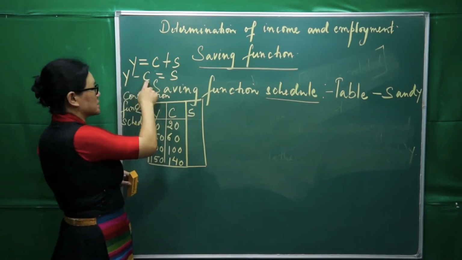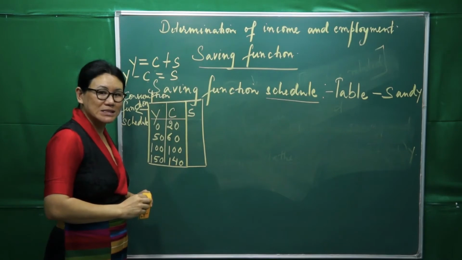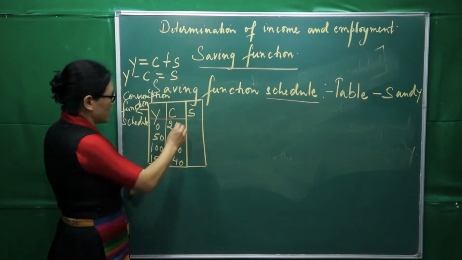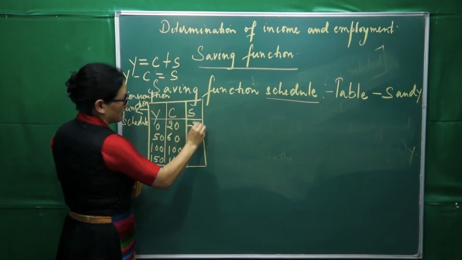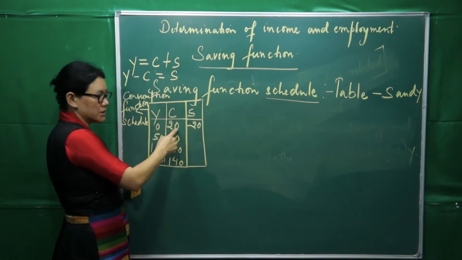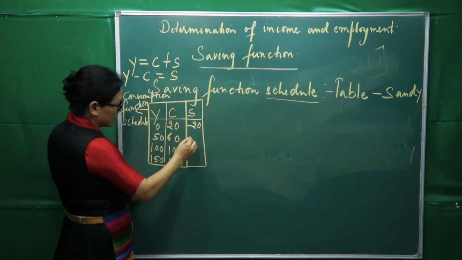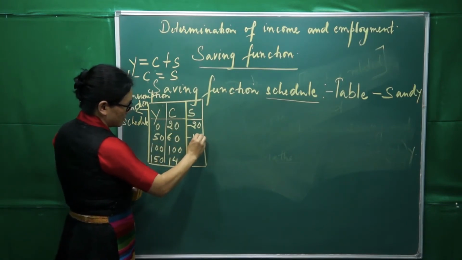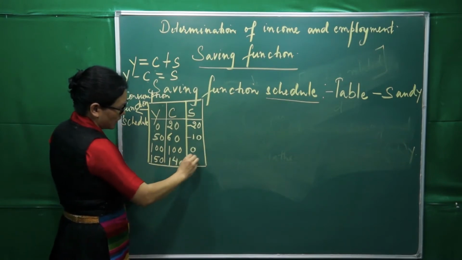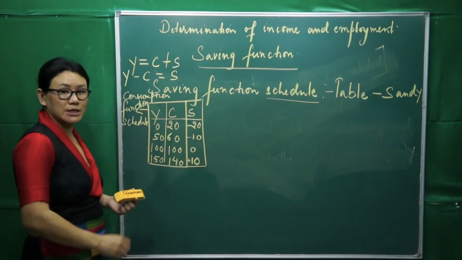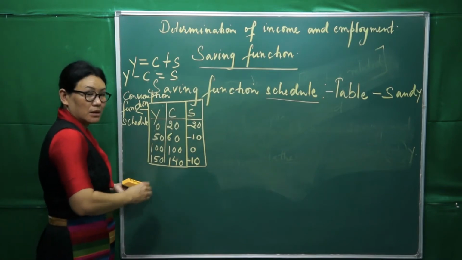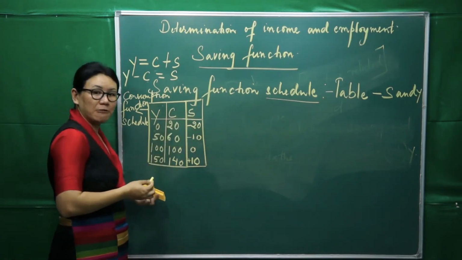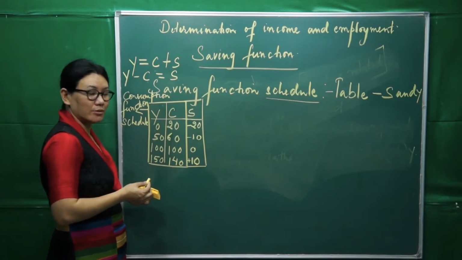The difference between these two gives saving. So it will be minus 20, minus 10, 0, and here positive 10. So what is this? The saving function schedule.